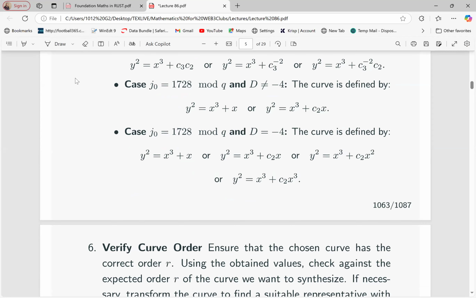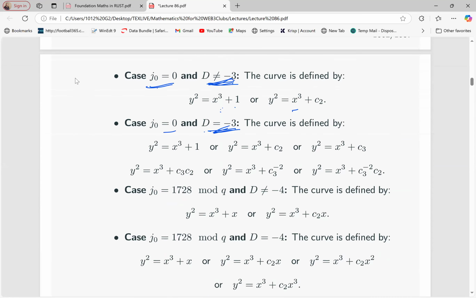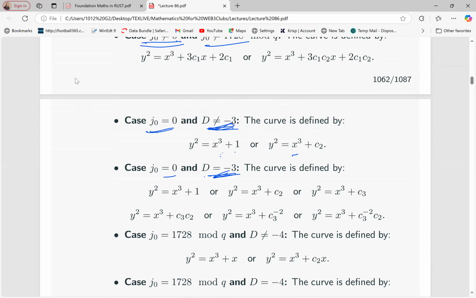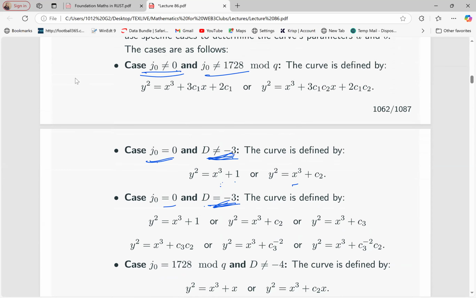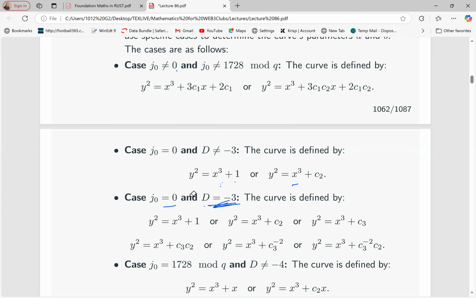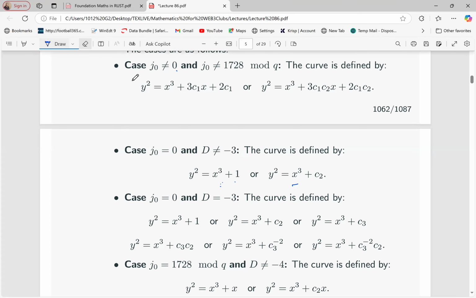So the cases, we're just looking at the J invariant. And remember, the J invariant, you are computing using your Rust code. That is the only point where we are using the Rust code, just to give the J invariant. And once you have the J invariant, you look at the cases.